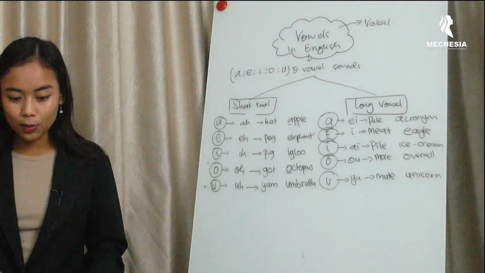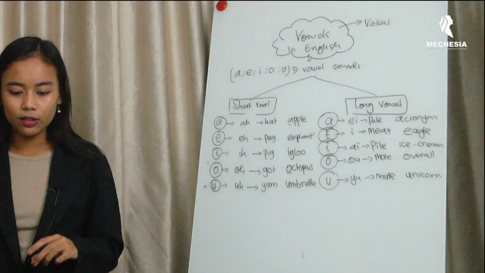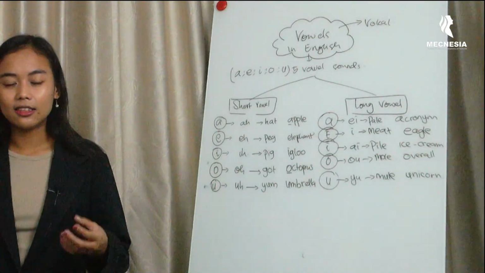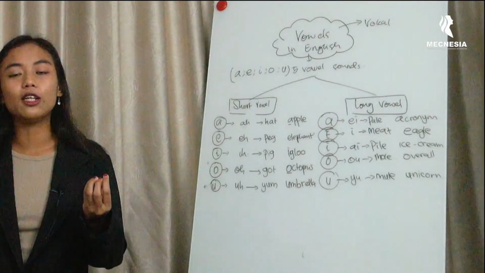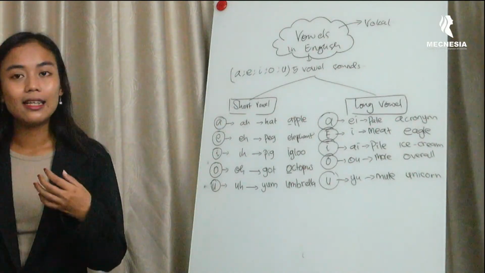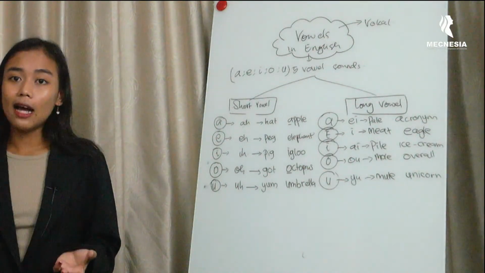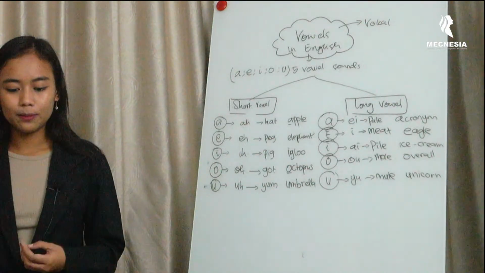And then the next one is when the I is followed by GH that is silent. Jadi, aturan selanjutnya ketika huruf I ini diikuti dengan GH yang silent, yang tidak dibunyikan. For example, sight. One more time, sight.